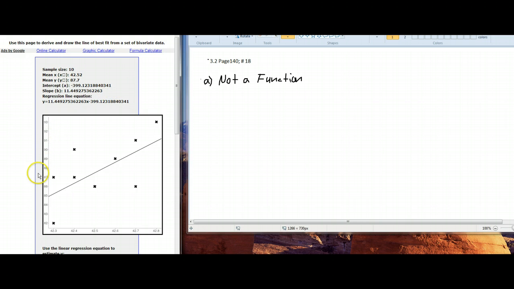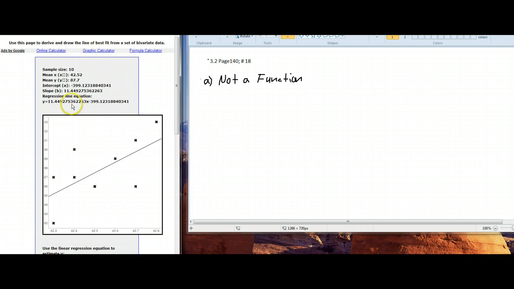Now, keep in mind, this is not the y-axis because the x value is at 42.3, so this has been moved over. So it really will cross the y-axis at negative 399.123, and that would be rounded.